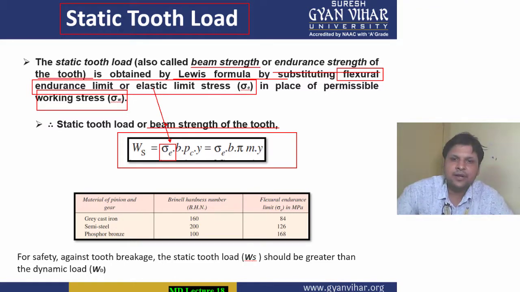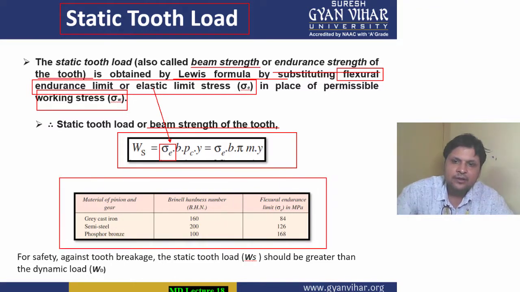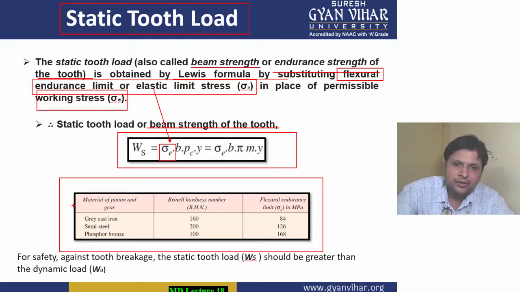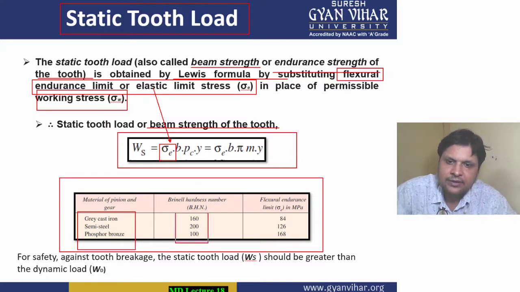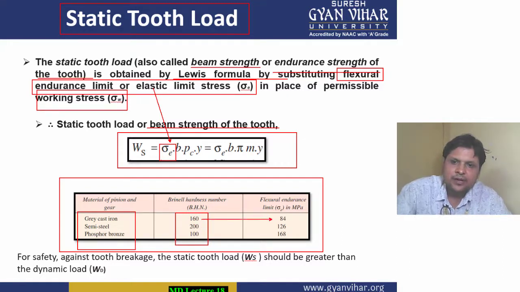And how will you calculate the value of sigma E? Sigma E can be calculated on the basis of the material used for manufacturing of the gear and the Brinell hardness number of the material. If the Brinell hardness number is 160, you will have flexural endurance limit as 84.